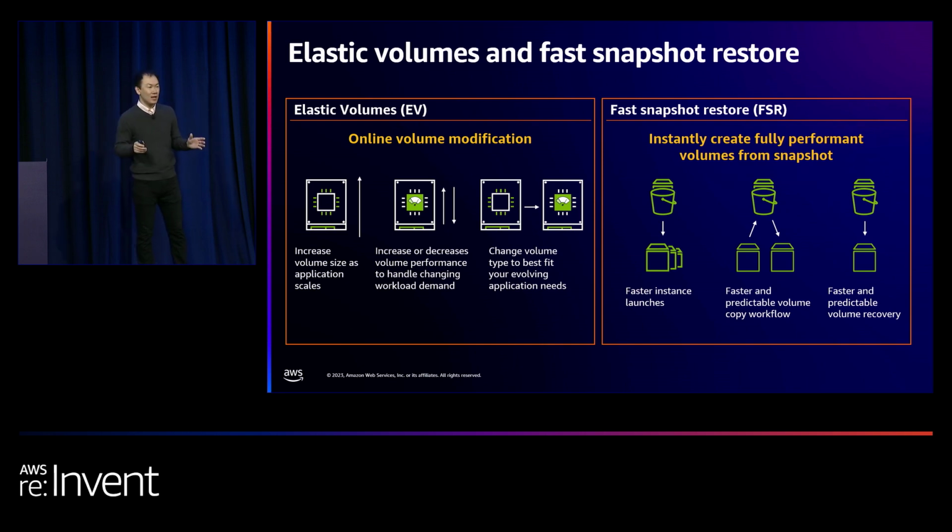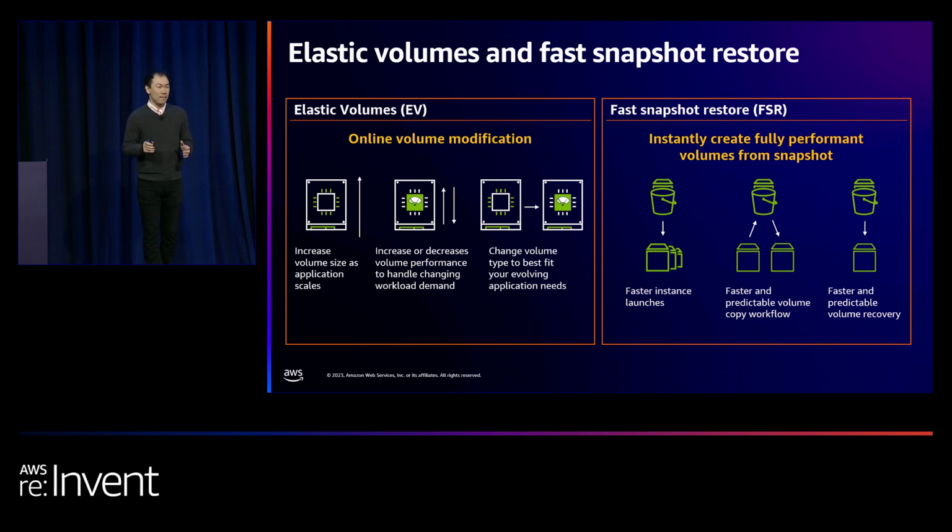If you start your application on EBS and you try to retrieve data that is not yet on the volume, it will be retrieved from S3. That adds a little bit of latency and can impact your application if it is very latency sensitive.